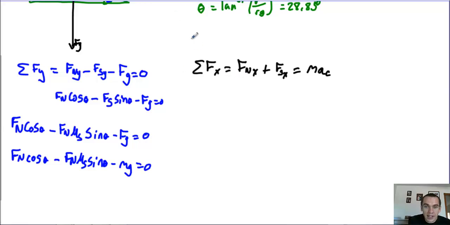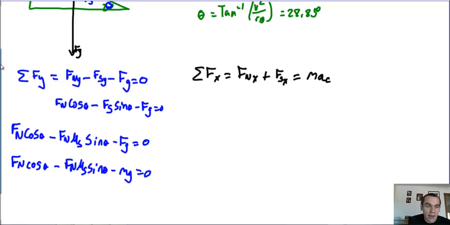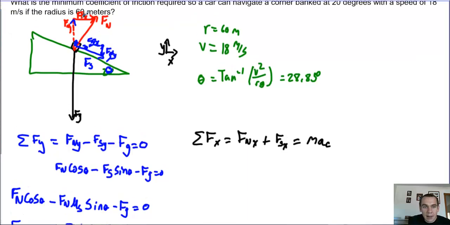Alright, so in the x direction I have Fnx, but remember Fnx, that's the side opposite this angle, so that's really Fn sine theta plus Fsx, that's the static friction in the x direction. This is the one adjacent to my angle, so plus Fs cosine theta equals m, but this is v squared over r.